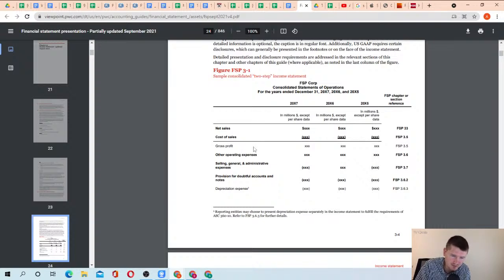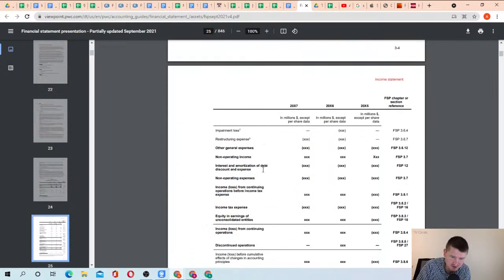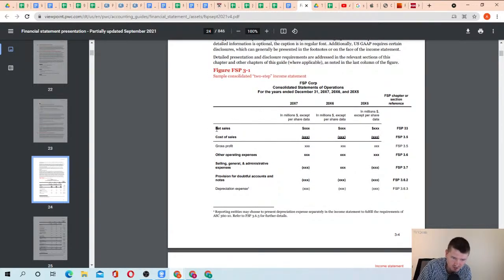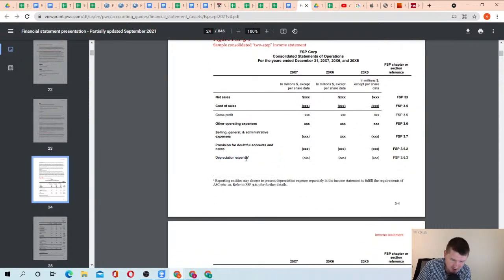And here is an example, and you might find that these headers are almost the same as we looked into with Apple or with AMC or with any other company out there. That's because most of the bold ones are the requirements, and you see the depreciation expense is not bold, but they say that entities may choose to present depreciation expense separately in the income statement.